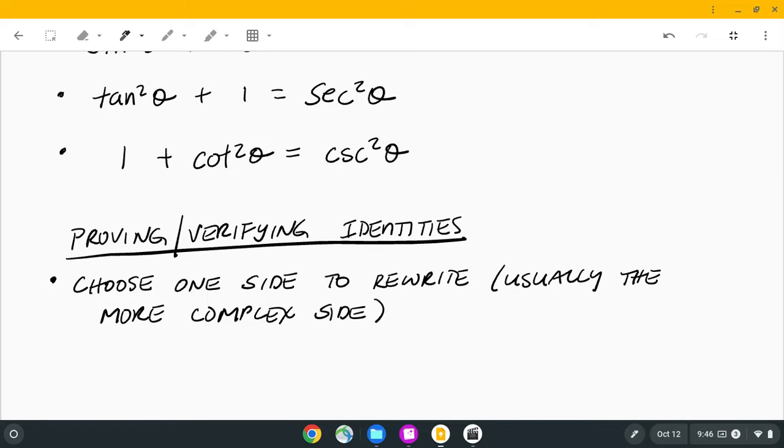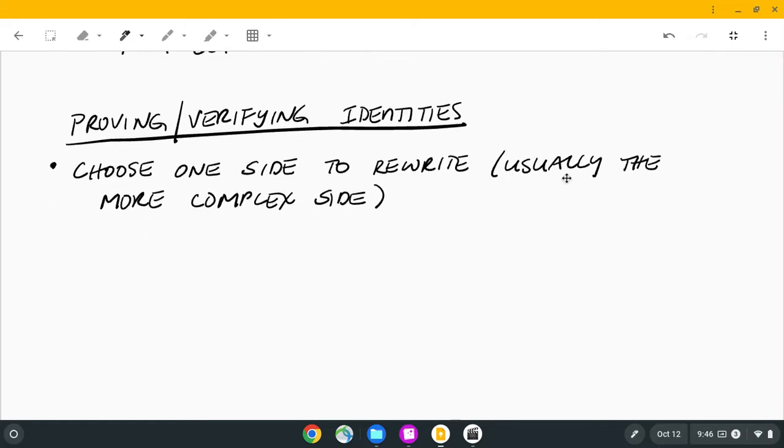If they look equally complex, then just choose either one.